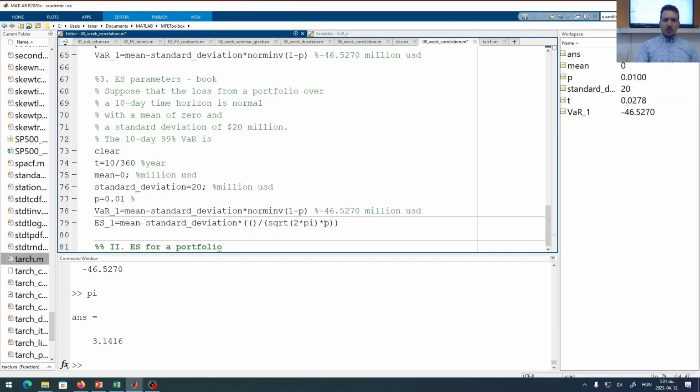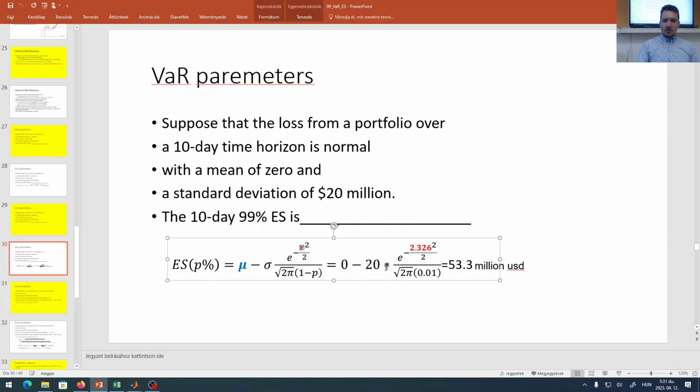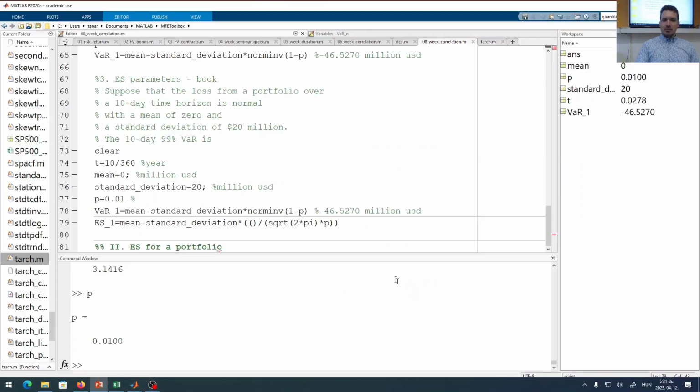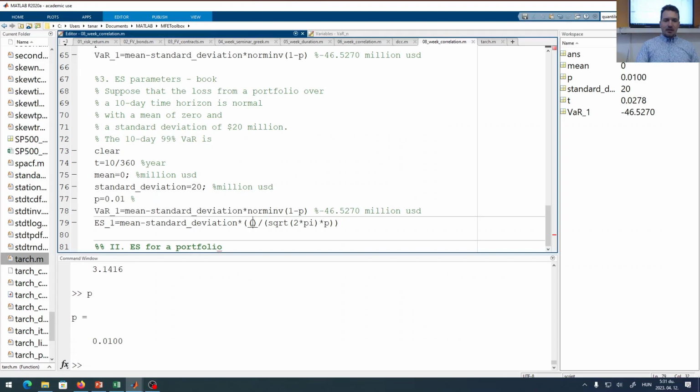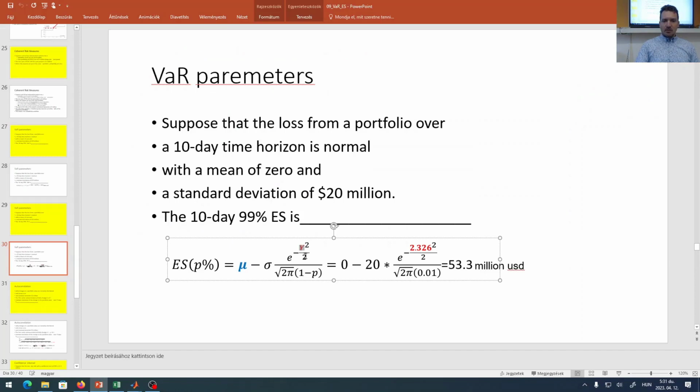We just have to take the p, the probability of default, because here it's calibrated like 99%, but it's already in the appropriate direction. And then we just have to define the upper part.